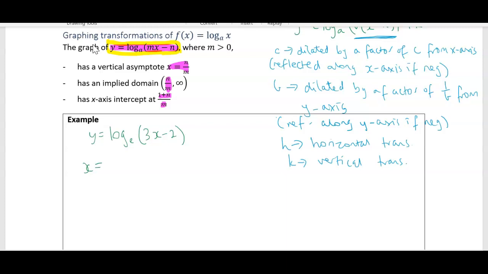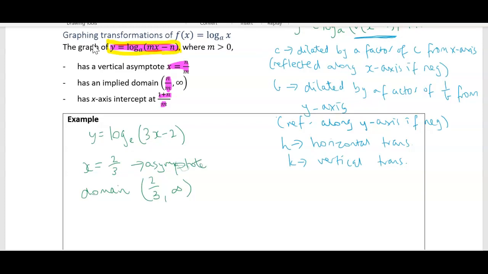In this case, our value of n is 2 and our value of m is 3. Domain is n over m, so 2 over 3 to infinity. So 2 over 3 is not included because that's your asymptote.